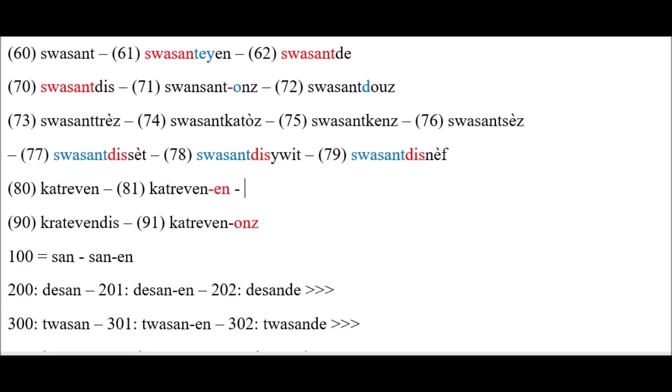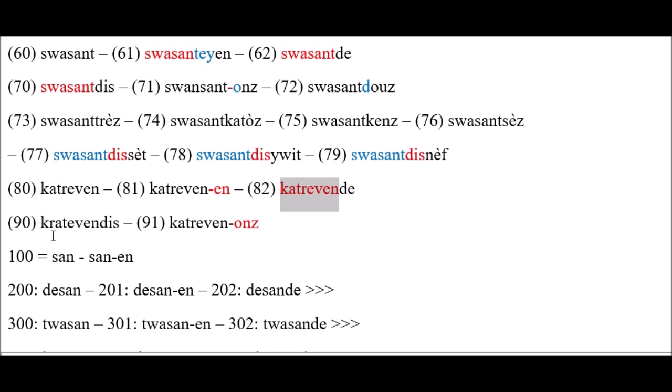But as for 82, you don't need to add this little slash, okay? You just say 82, just one word, okay, 80 plus 2, 82, 83, 84, 85, okay, you go this way.